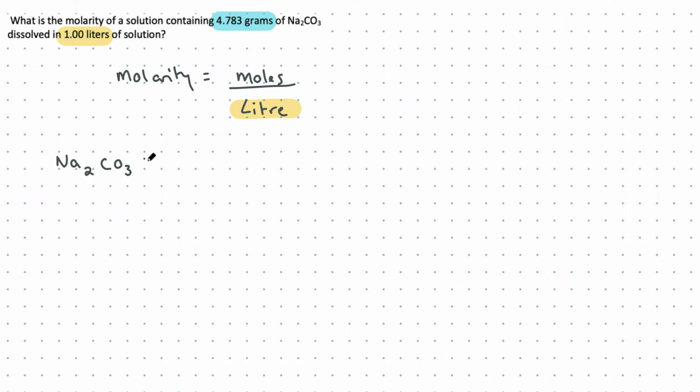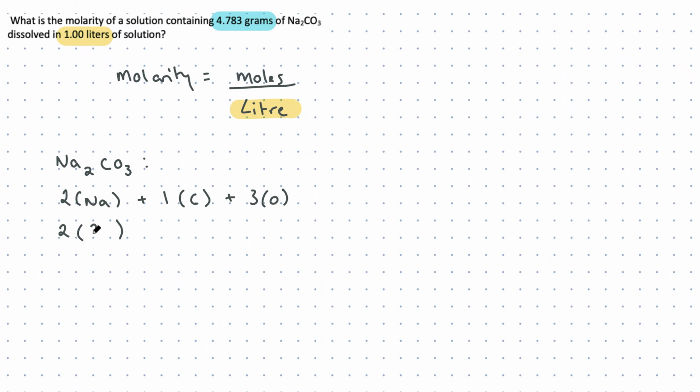So sodium carbonate is going to be 2 sodiums. There's 2 of them, so we're going to have 2 by Na plus 1 by carbon plus 3 by oxygen. And I'm going to fill in from the periodic table what their masses are.